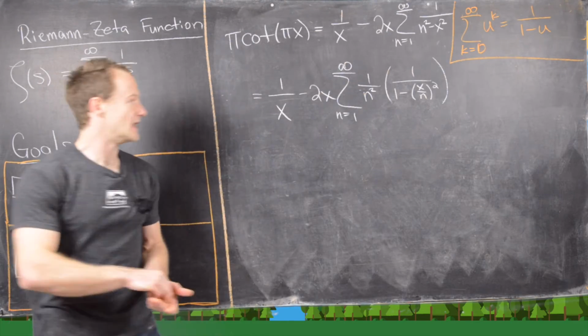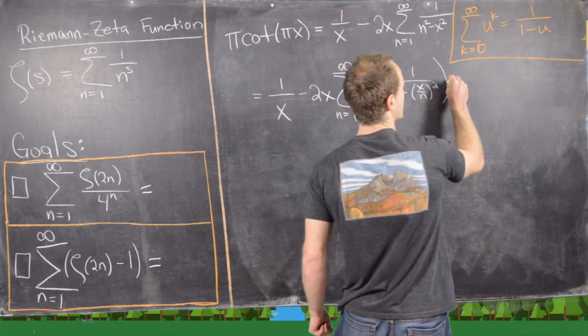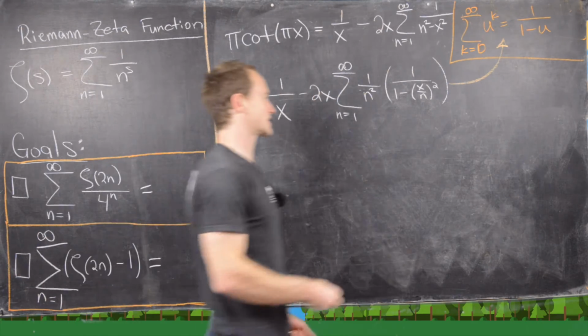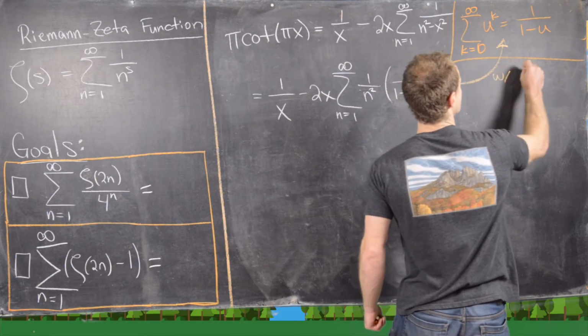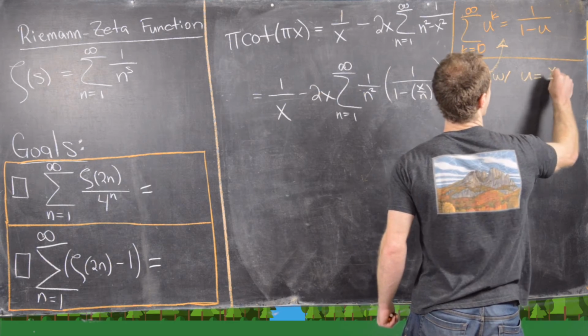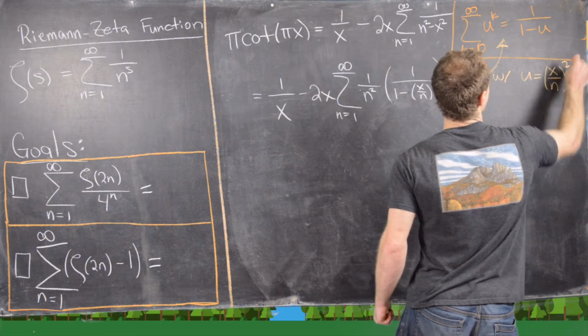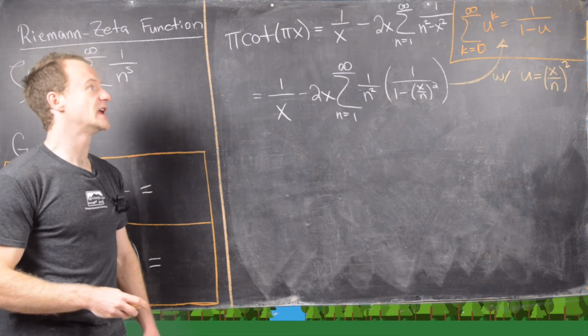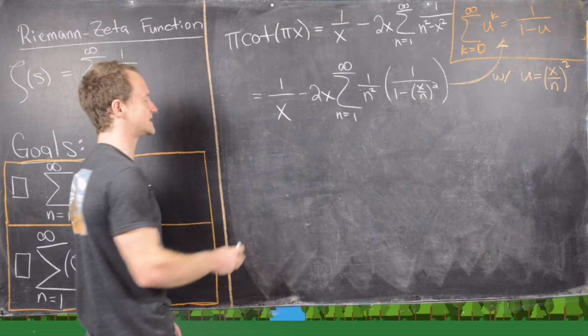Great. But now notice that this stuff in parentheses looks exactly like this sum of the geometric series with u equals x over n quantity squared. So that means we can turn that stuff in parentheses into an infinite sum itself.